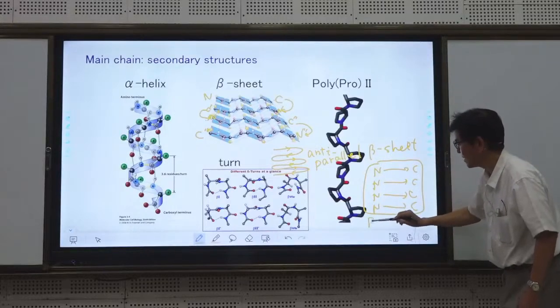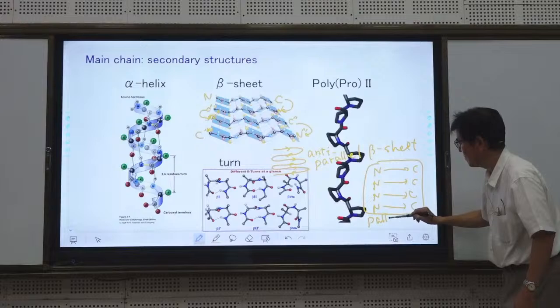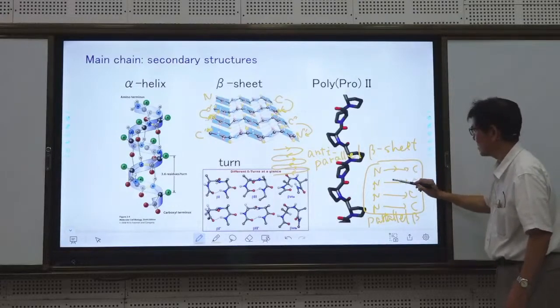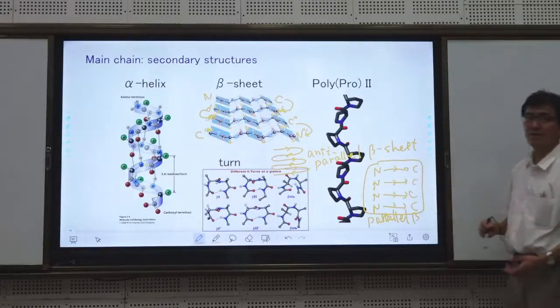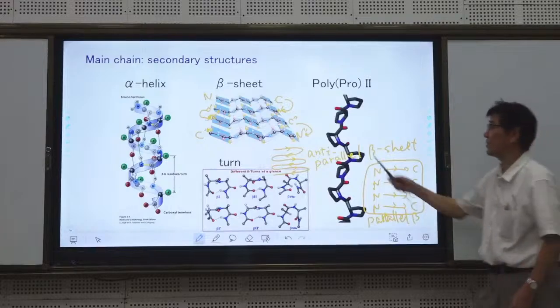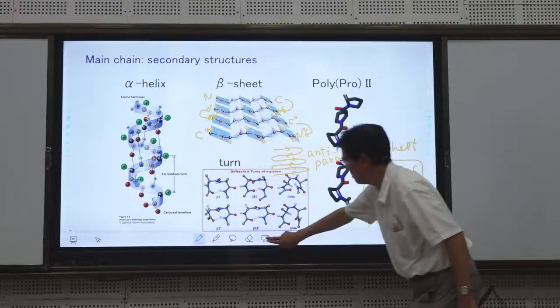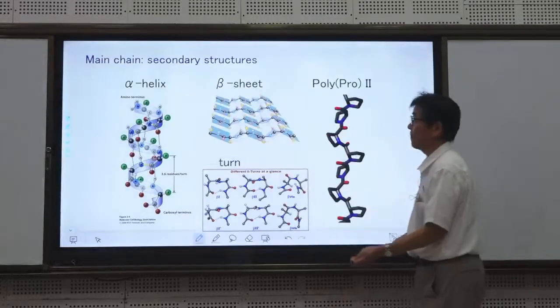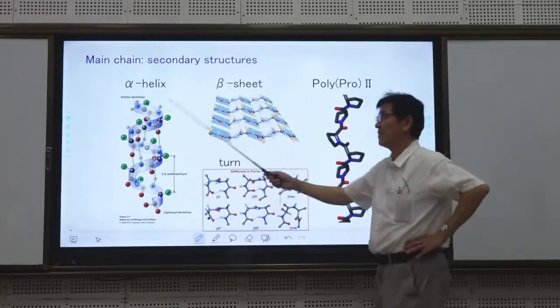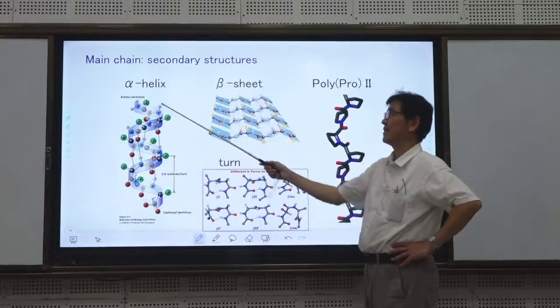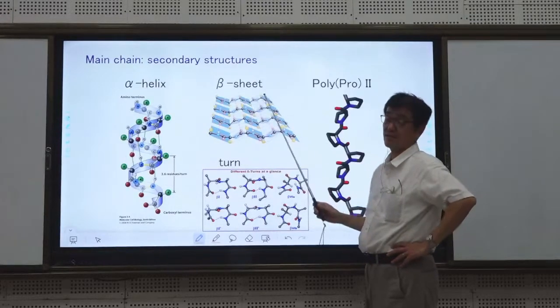This is the so-called parallel beta, because it's parallel. Okay, there are two kinds of beta sheet structures. And it's very clear when we see figures of the sheet structure.